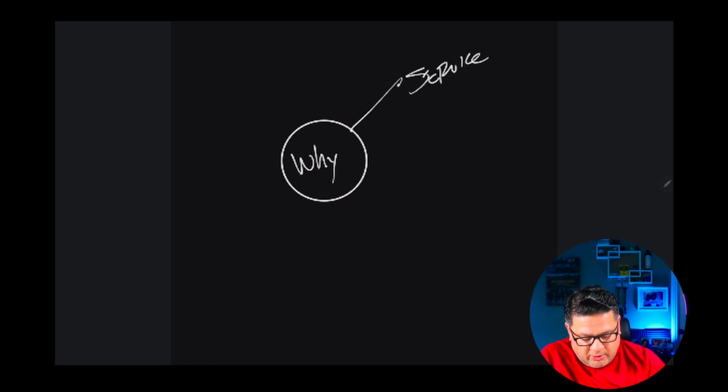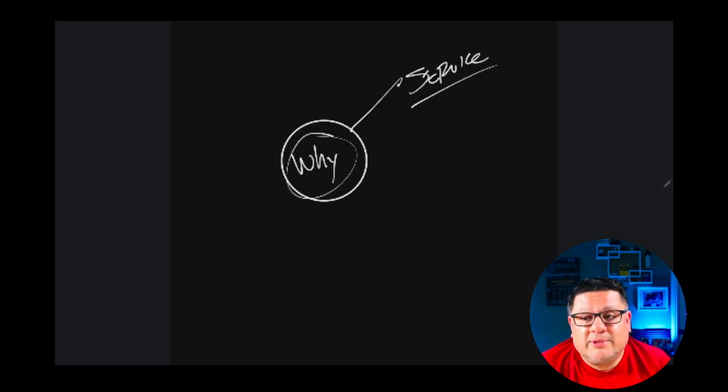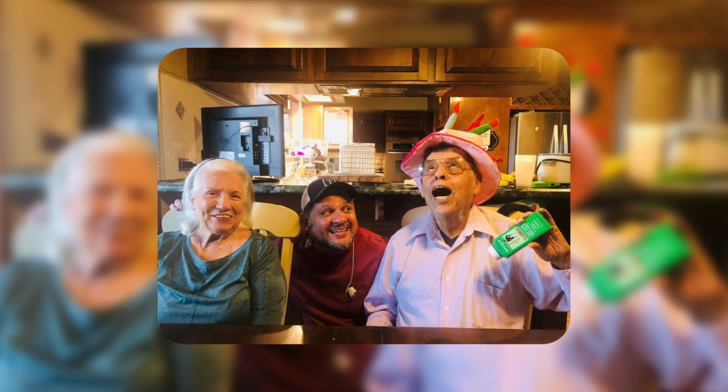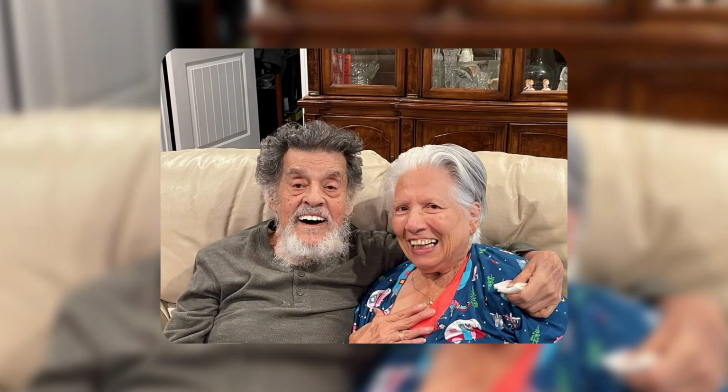So there could be a service that comes out of the why. The why, for example, I'll give you an example today. I spent the last 5 years taking care of my parents with dementia. And it was a pretty tough journey with my wife. And one of the things that I saw was some of the shortfalls relating to elder care in the healthcare business.